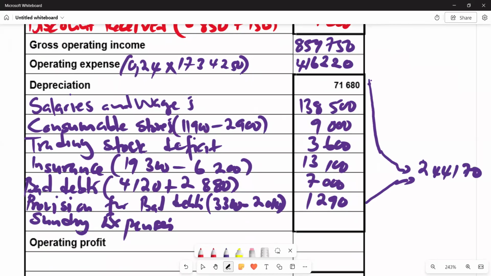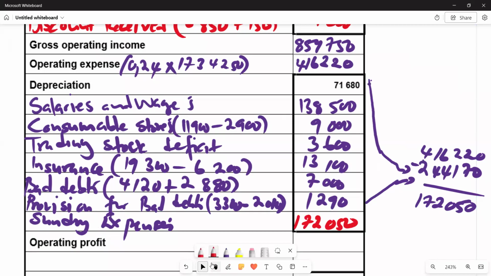Then getting this figure, you subtract it from the total that we have for operating expenses, which is 416,220. Then we make a subtraction there. The net figure that we are supposed to get representing our sundry expenses is 172,050. So here we are saying the figure that we have is 172,050. So it means we have found our sundry expenses as a balancing figure.